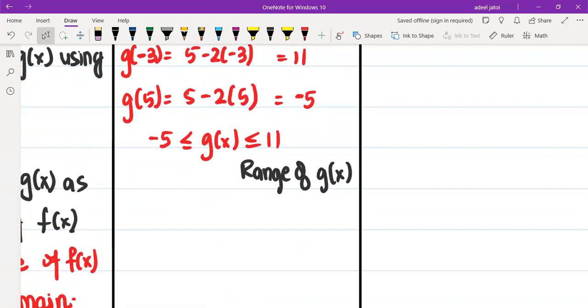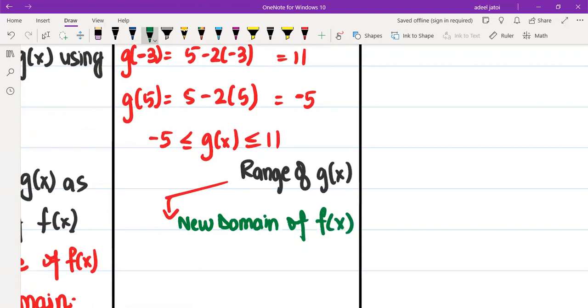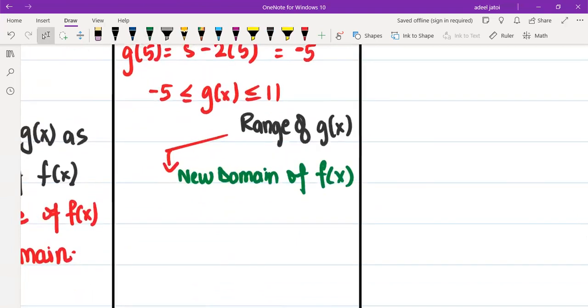This range of g(x) is basically the new domain of f(x). So now we'll write this as x greater than or equal to minus 5 and less than or equal to 11.